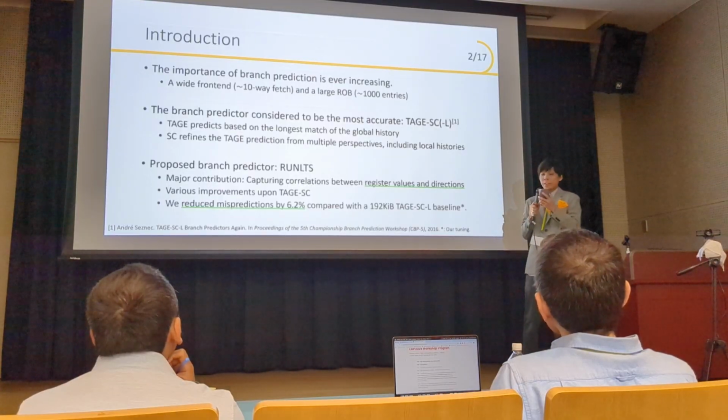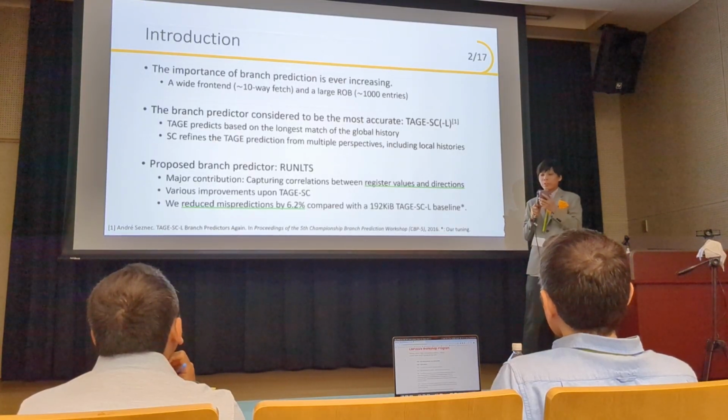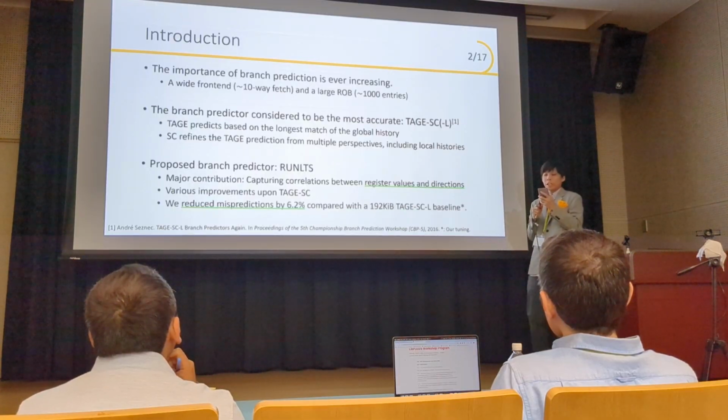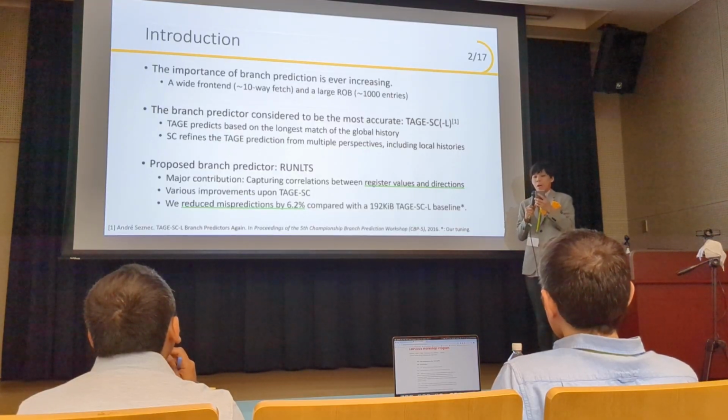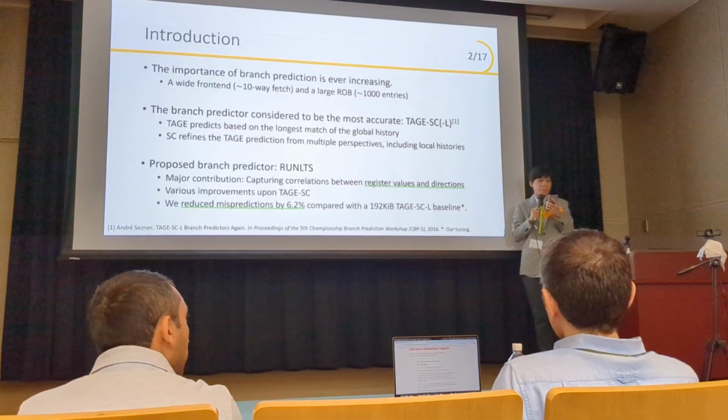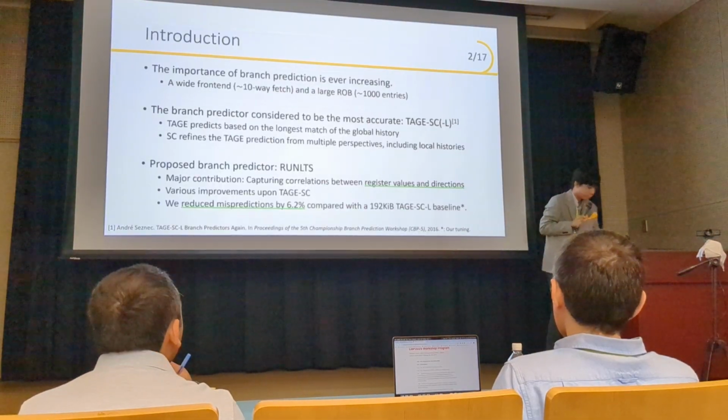We propose RUNLTS, which adds correlation between register value and branch directions, and other refinements to TAGE-SC. RUNLTS achieved more than 6% reduction of mispredictions on the provided 105 traces compared with an isolated TAGE baseline.